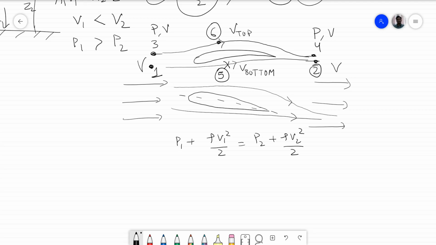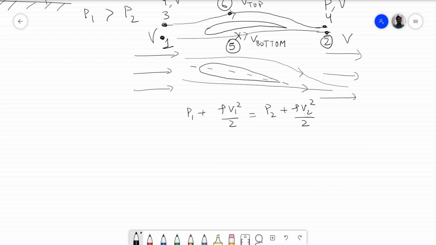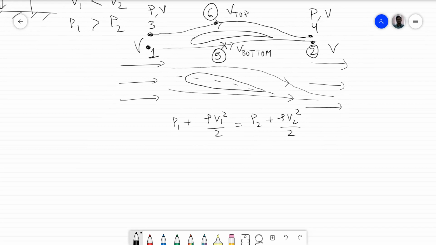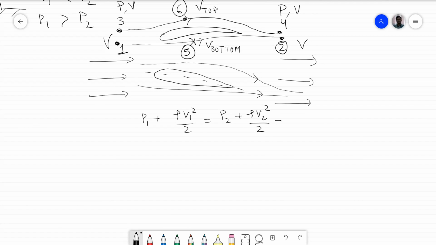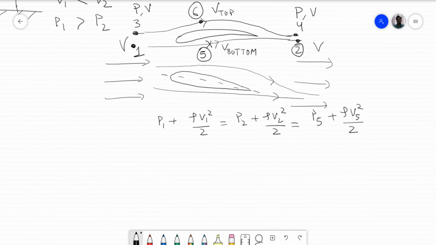Although the streamlines are different, we can do that because we can write P1 plus rho V1 square by 2 equal to P2 plus rho V2 square by 2 equal to P5 plus rho V5 square by 2. We can write this because that is a single streamline, and for point 3, 4 and 6 we can write the same equation again.